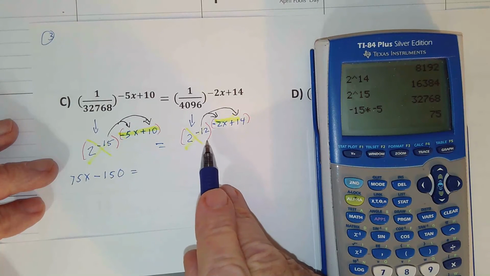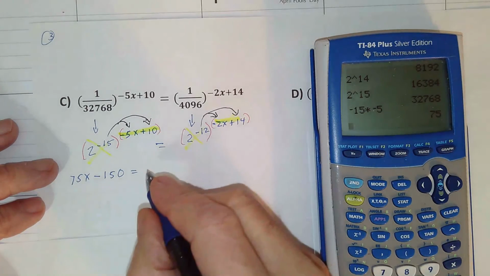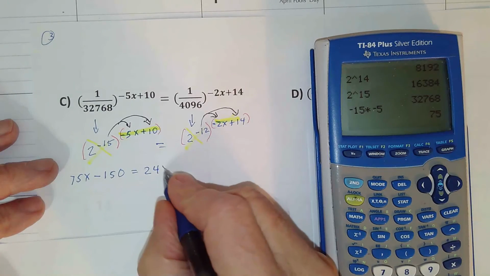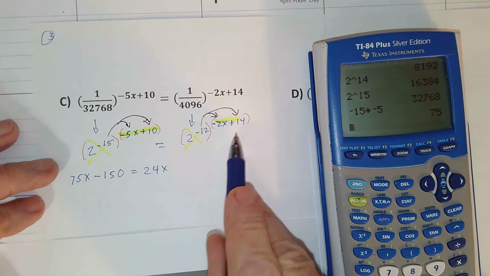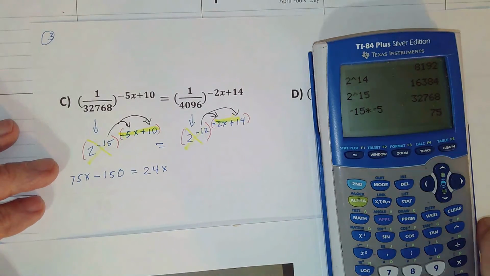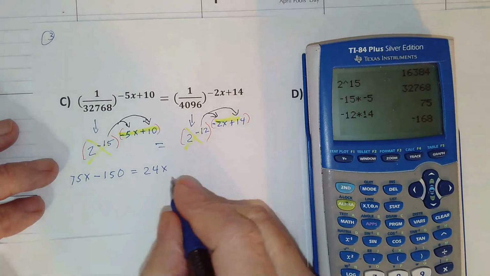Well, 2 times 12 is 24, and these are both negative, so positive 24x, and then negative 12 times 14. Let's do that in a calculator. So negative 12 times 14, and looks like I get negative 168. So I'm going to put down negative 168.